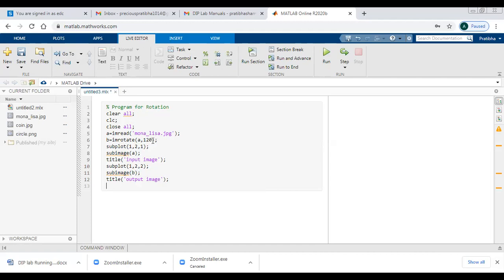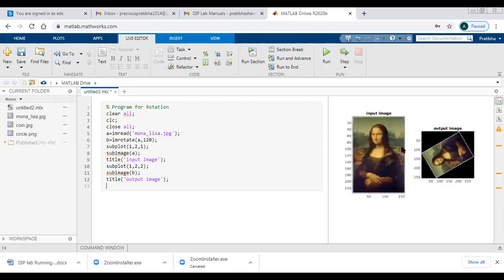I have used a positive angle, so it will rotate the image in anti-clockwise direction. If you use a negative value for the angle, it will rotate the image in clockwise direction. So we will see the output of the image. Here, this is our input image, and after rotation of 120 degrees in anti-clockwise direction, this is our output image.